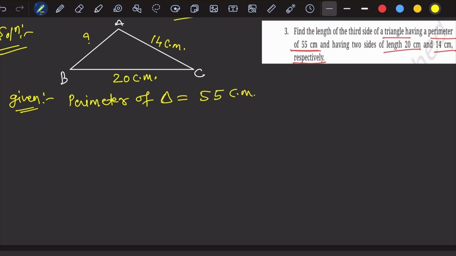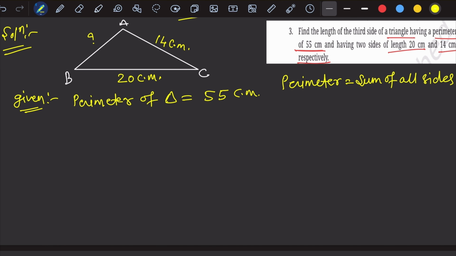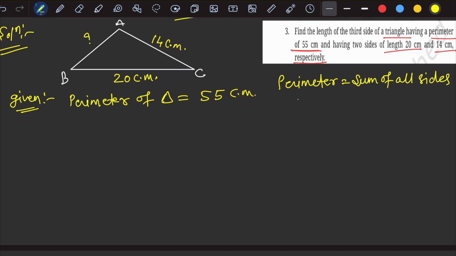So I will take the perimeter of triangle formula. What is the formula? Perimeter equals sum of all sides. So here we will take 55 as perimeter, and what is the sum of all the sides? This is one side, this is the second side, and this one is the third side. I will take it as x.